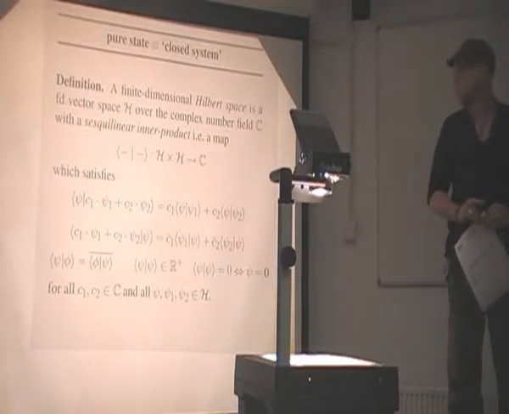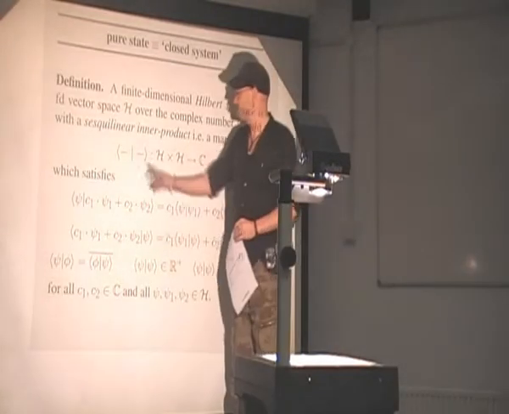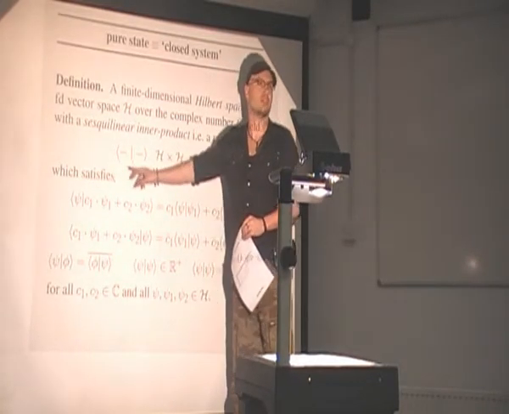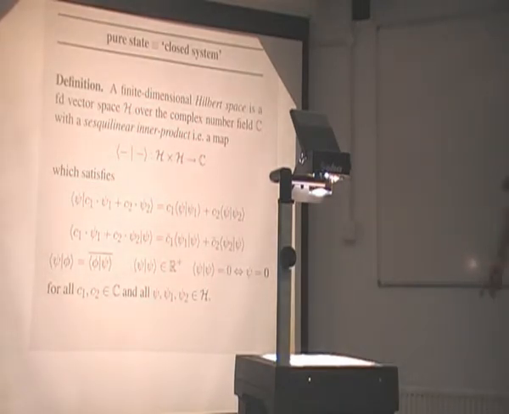For mathematicians, you should say that physicists like their scalar product linear in the second argument. So it's linear in this one and conjugate linear in this one. Mathematicians usually have it the other way around.